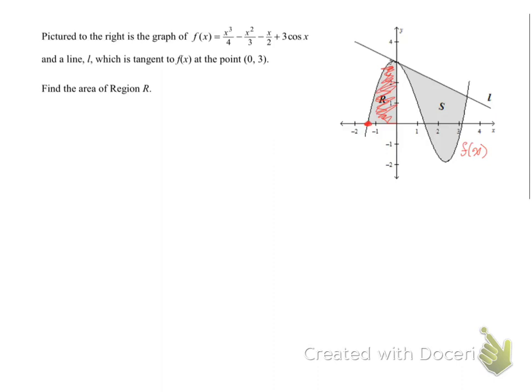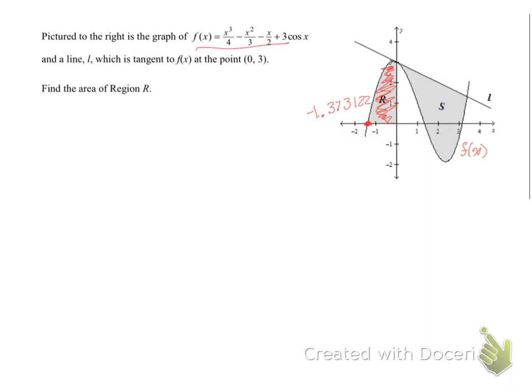So if you plug this function into your calculator and use the zero function, you will get that that x value right there is negative 1.373122.